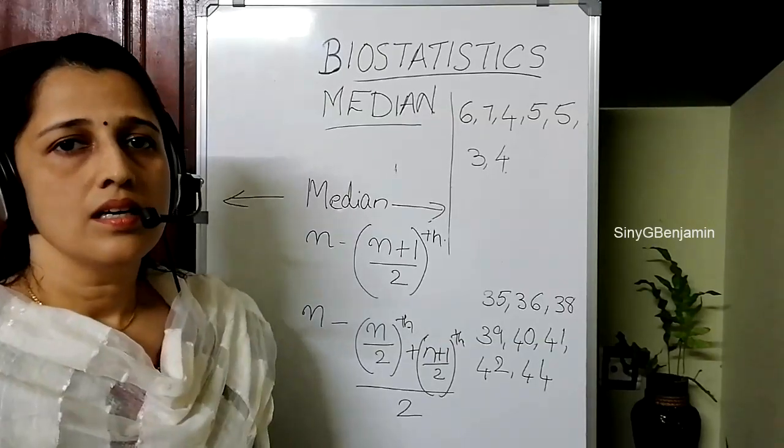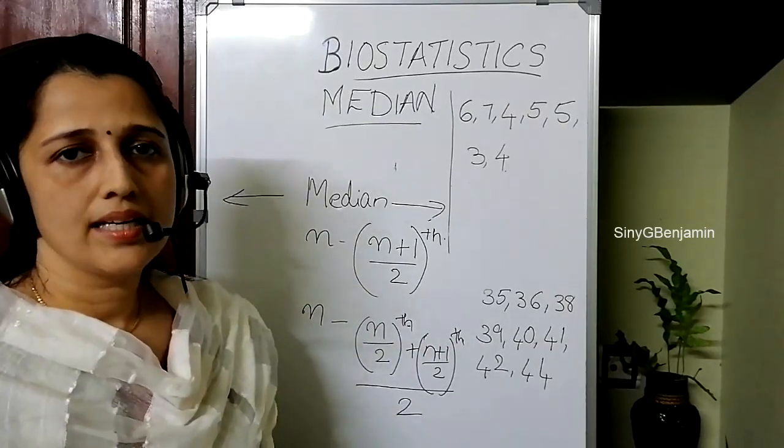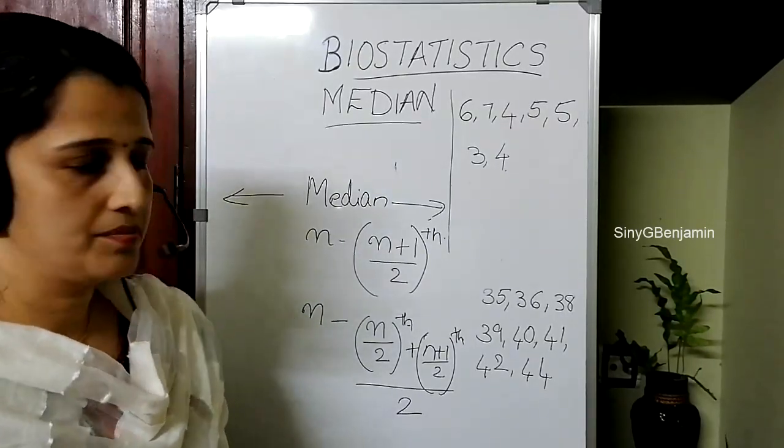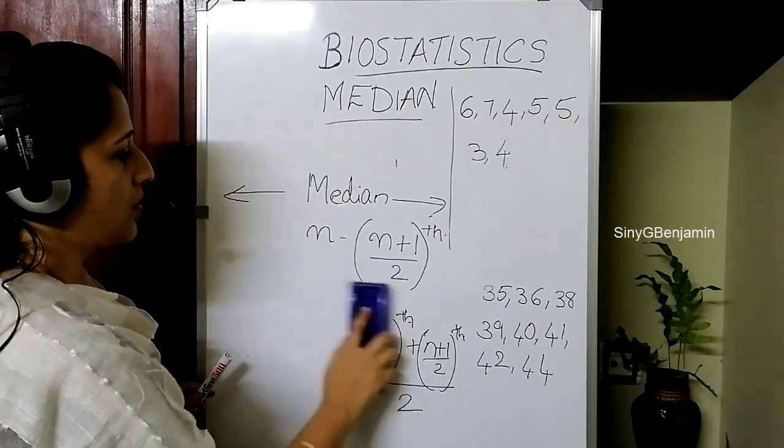That is what is median of odd and even number of observation. Now let's see an example how to calculate.